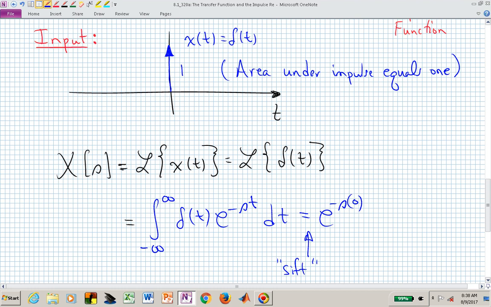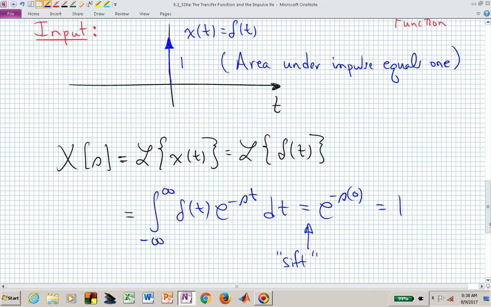Now we're evaluating e to the minus s times 0. We have 0 in the exponent. E to the 0 is 1. So if we Laplace transform this impulse function, we see that for all values of s the Laplace transform is equal to 1.